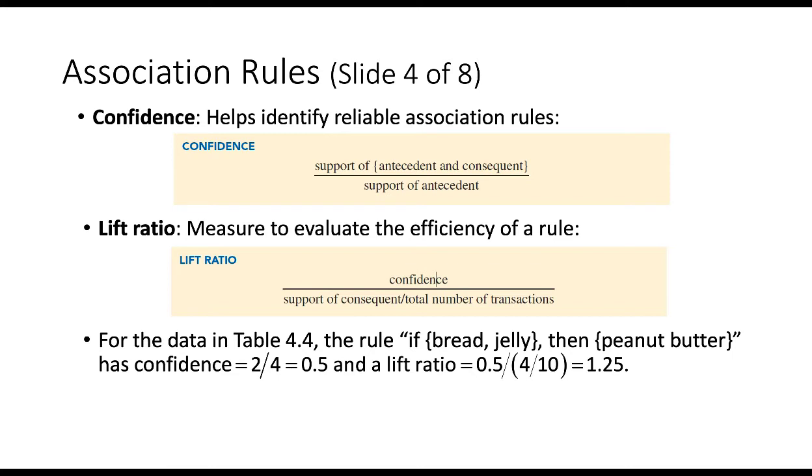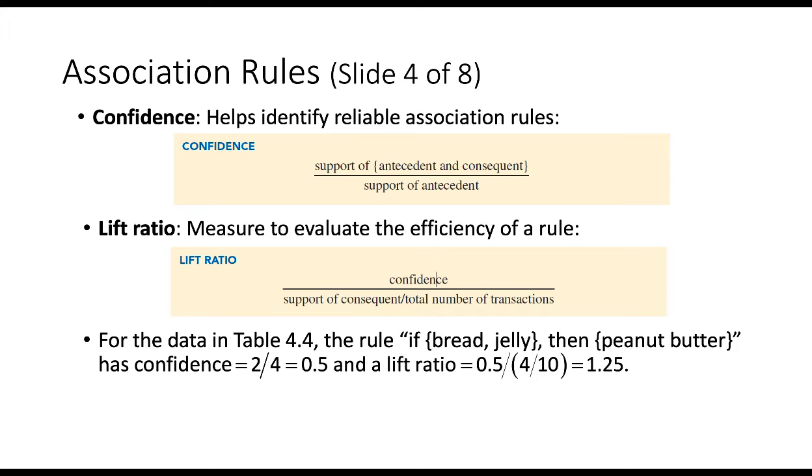So the rule if bread and jelly then peanut butter has a confidence of 50% and a lift ratio of 1.25. In other words, identifying that a customer who purchased both bread and jelly also purchased peanut butter is 25% better than just guessing that a random customer purchased peanut butter. That is 1.25 versus 1.